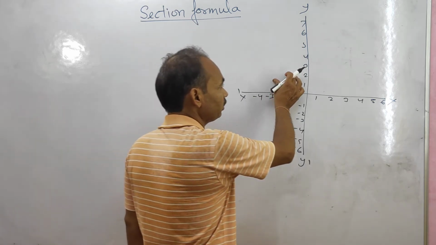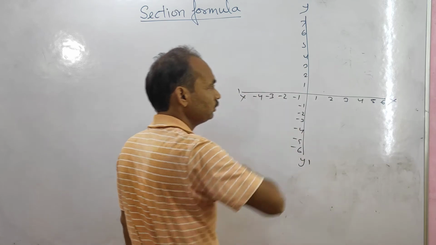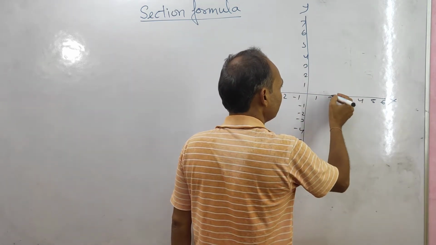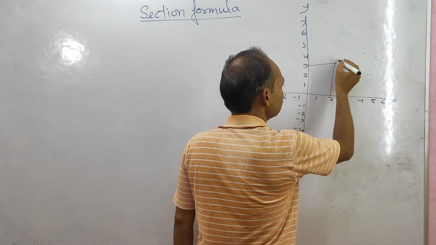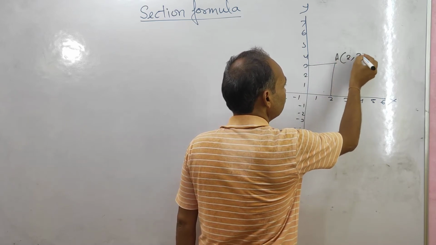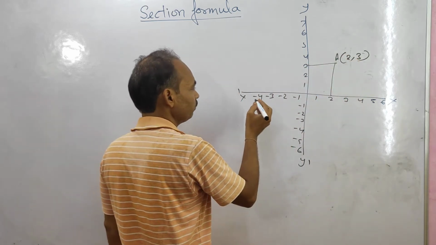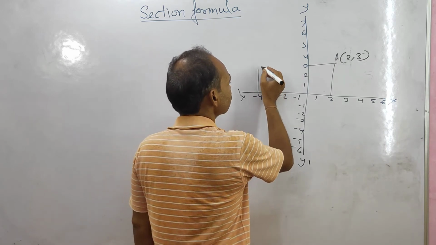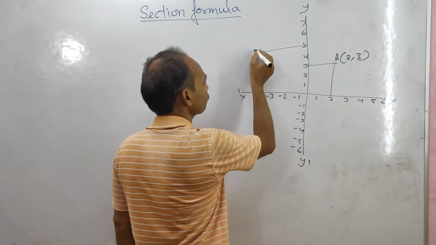You know that this is the coordinate plane and this is the point A, such that 2, 3, point A is (2, 3), and this is the point B, (4, 5).